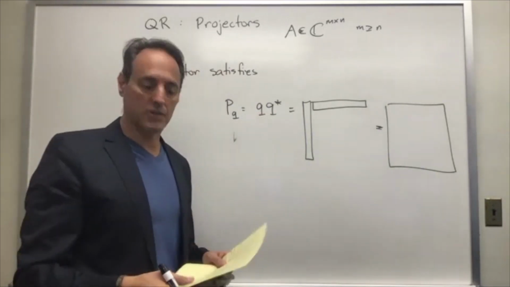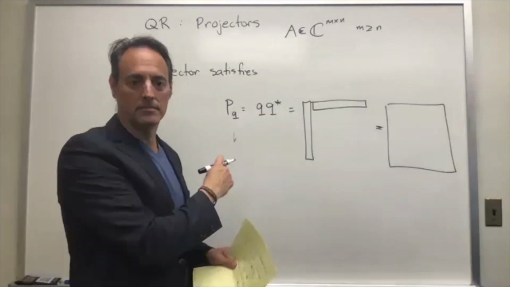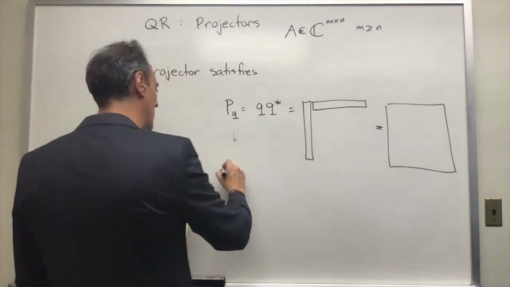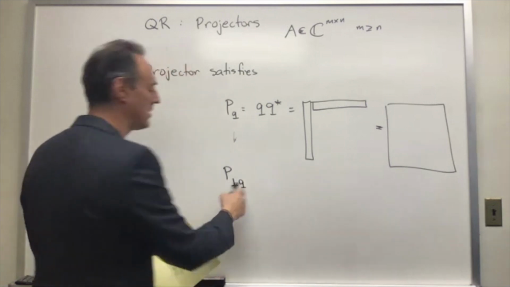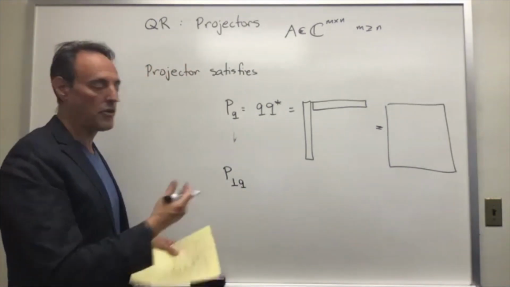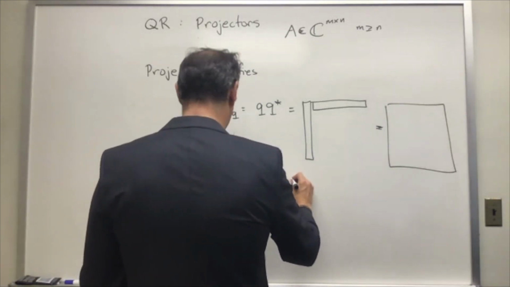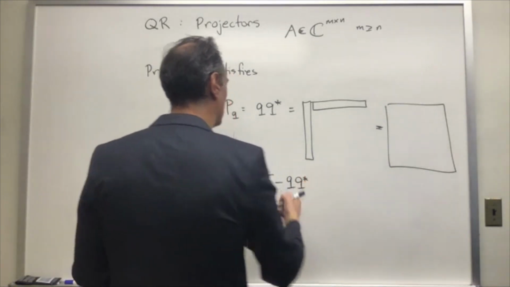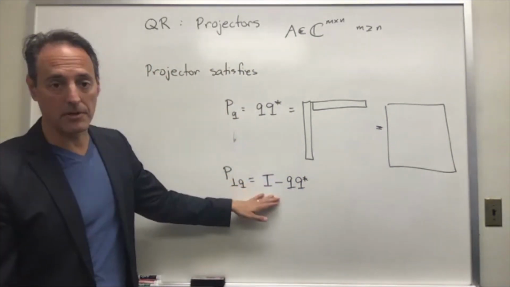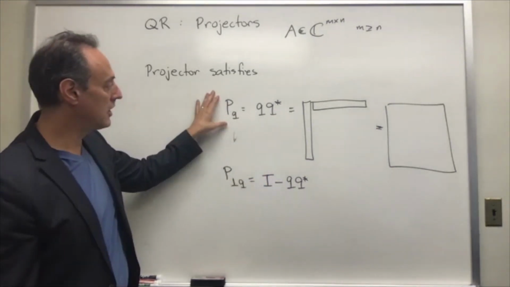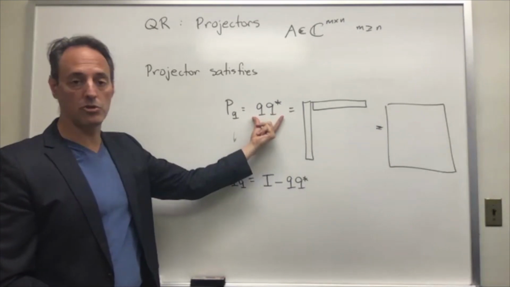Now, I could also ask, okay, well, I want a projector into the space orthogonal to that. Then I'm going to represent that by this: perpendicular to Q, orthogonal to Q. That's equal to then I minus QQ star. So there you go. This is what we're doing. So remember, this is the complementary projector to this. So this here will project me into this space. That's where Q star lives, right?